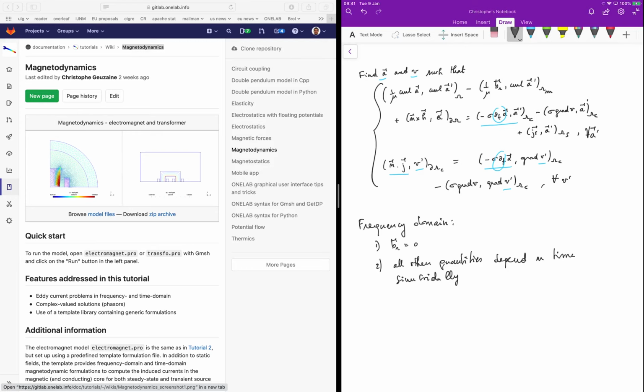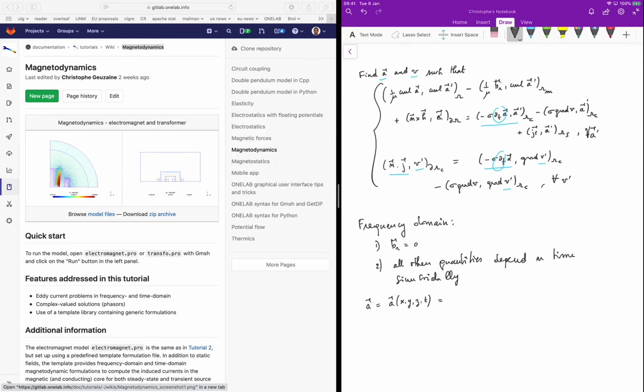So let's take a look at our, let's say, magnetic vector potential A. So A is a function of, in the general case, x, y, z, and t. What we suppose, in effect, is that I can write it like this.